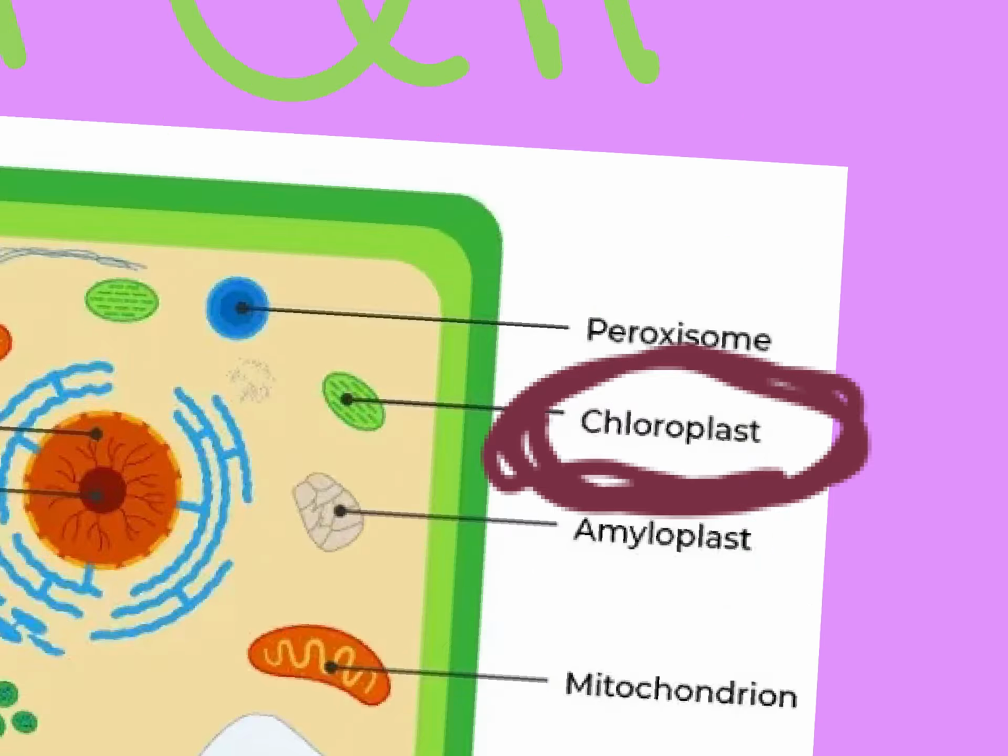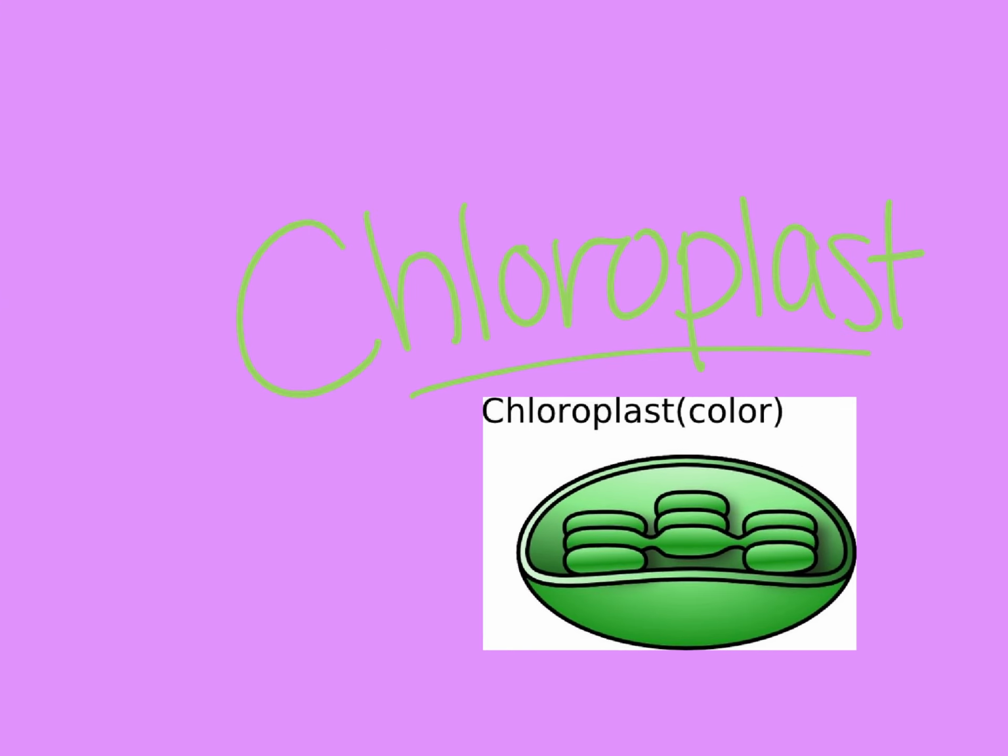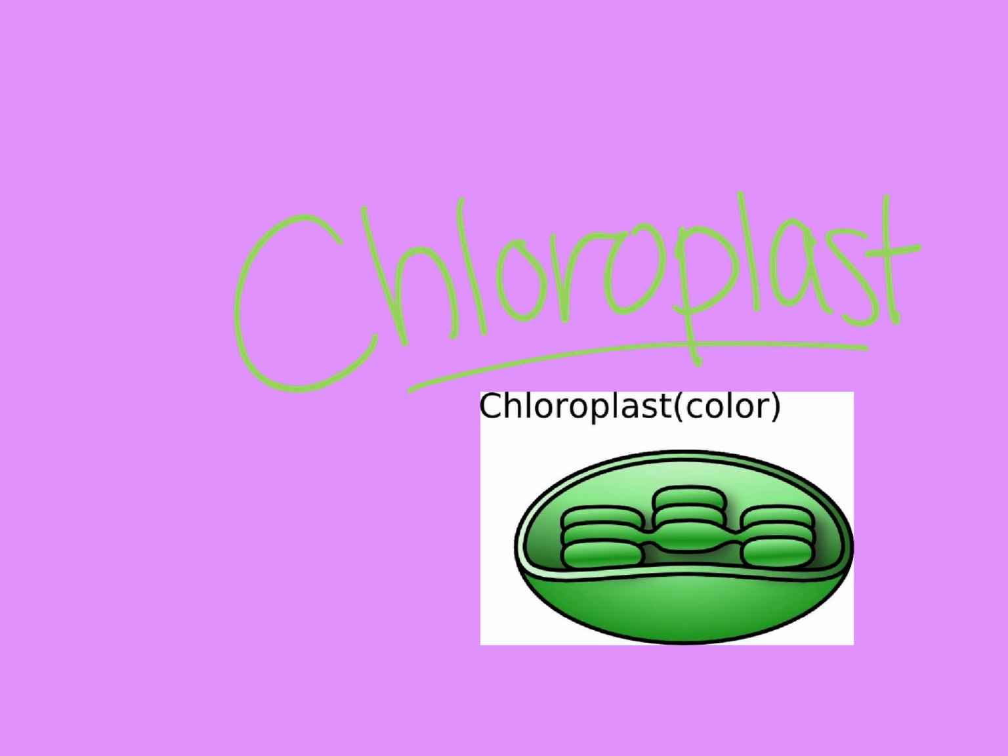So let's zoom in on the chloroplast here for a second. Here's the chloroplast, and inside the chloroplast, we have these little stacks called thylakoids. Dentro del cloroplasto tenemos estos pequeños apilamientos llamados thylakoids.